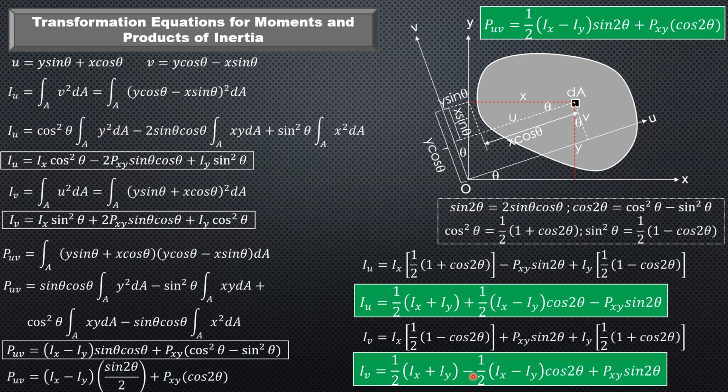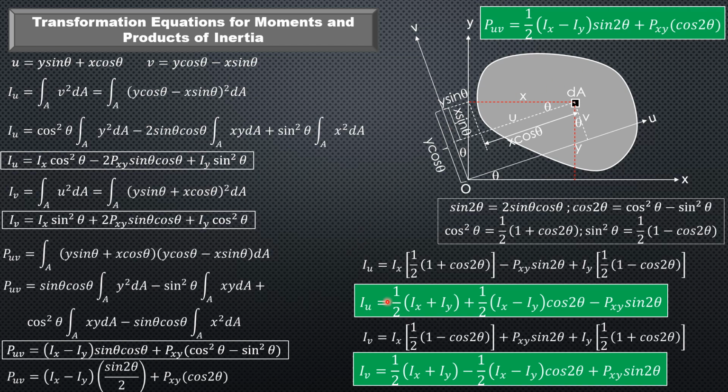While I sub v is 1/2 of Ix plus Iy minus 1/2 of quantity Ix minus Iy times cosine 2 theta plus Pxy sine 2 theta. So that is I sub v. Then Puv is 1/2 of Ix minus Iy sine 2 theta plus Pxy times cosine 2 theta.